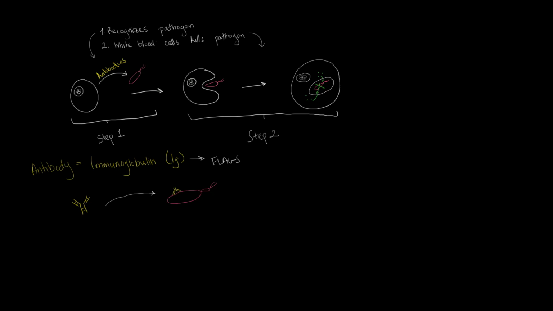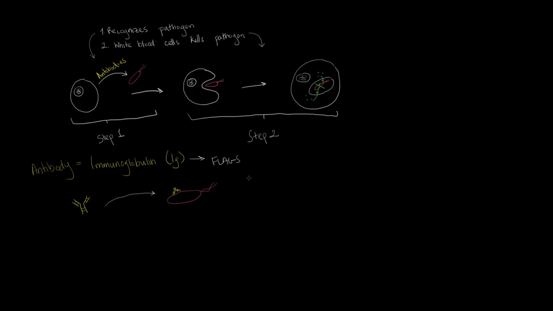Again, these are much bigger than they actually would be. Pathogens are small and antibodies are much, much smaller in comparison. But just so that you can see it, the antibodies bind and stick to the pathogens in your blood, and this acts as a flag.